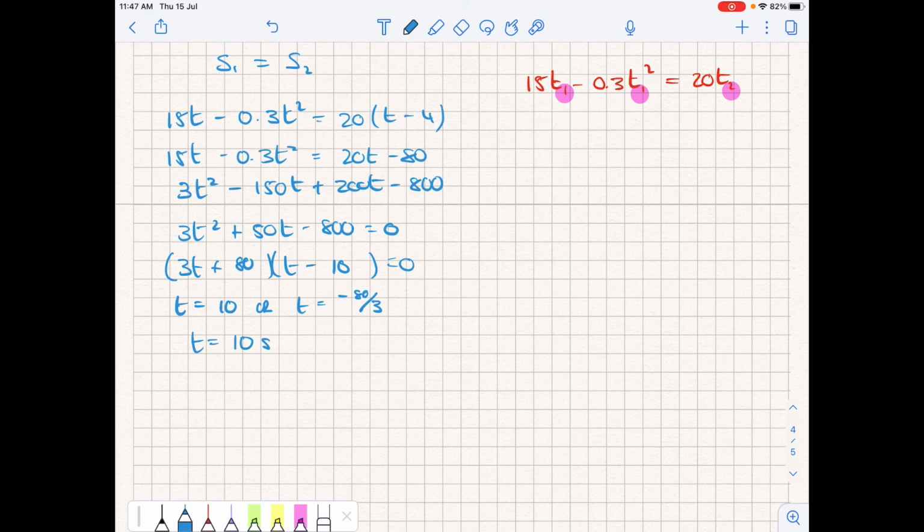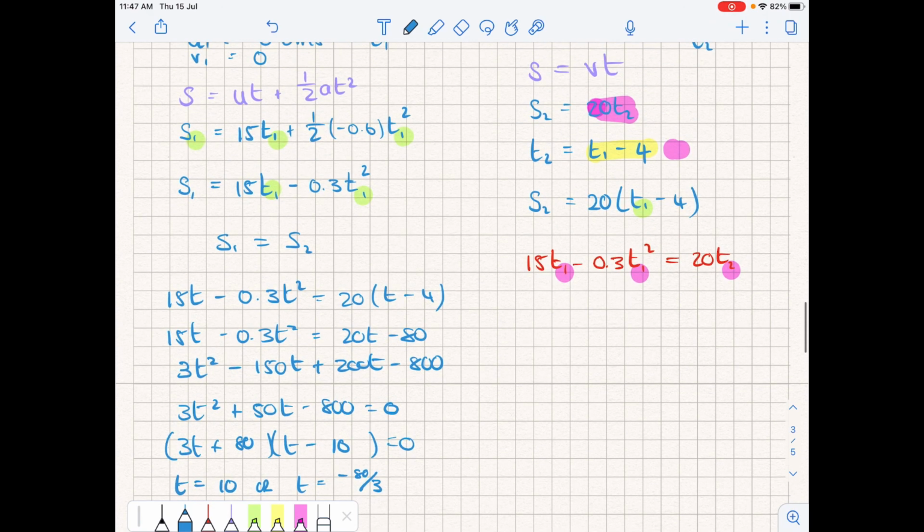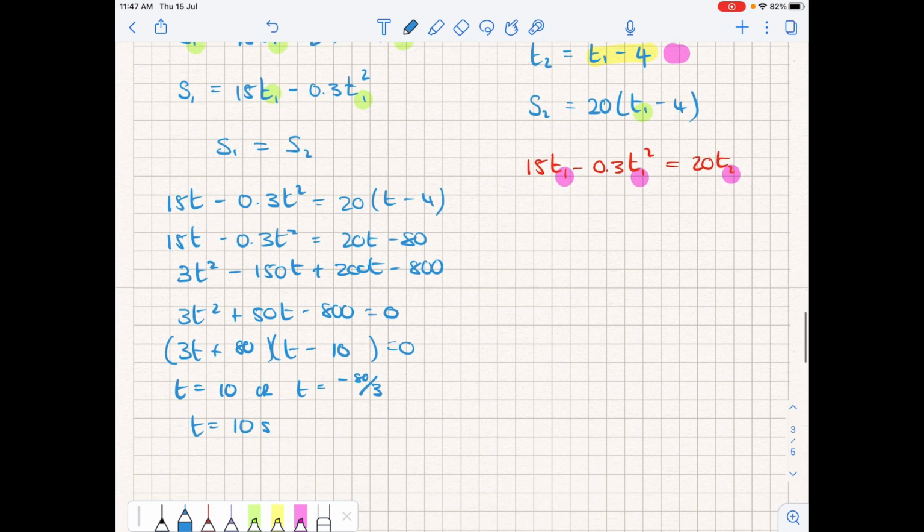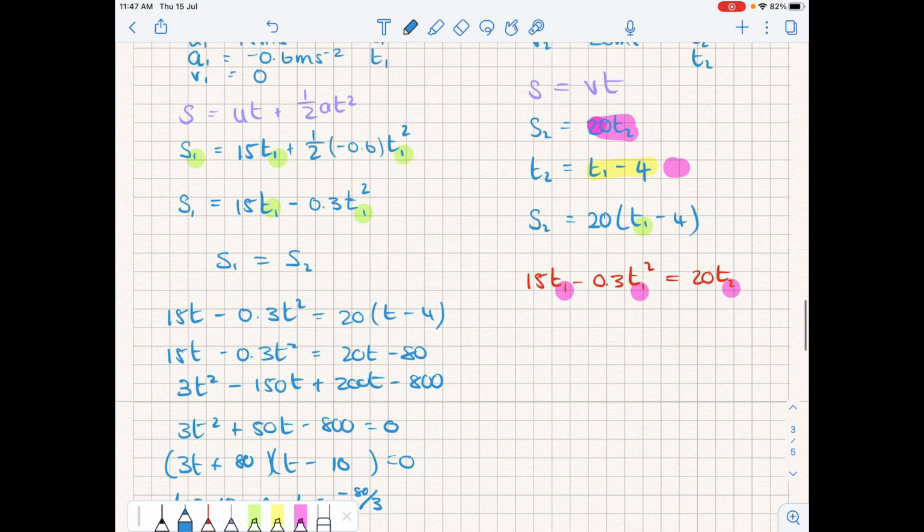Now we need to find the displacement, and we can use either one of our two equations, based on time. Very importantly, this is time 1, not time 2. So we cannot just put this into displacement equal to 20 t2, because we haven't solved in terms of time 2. We've solved in terms of time 1.